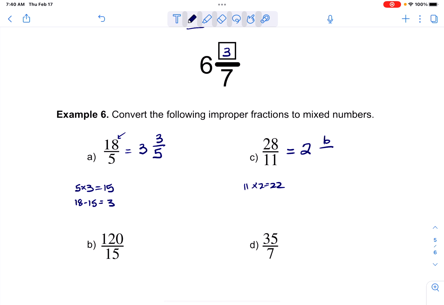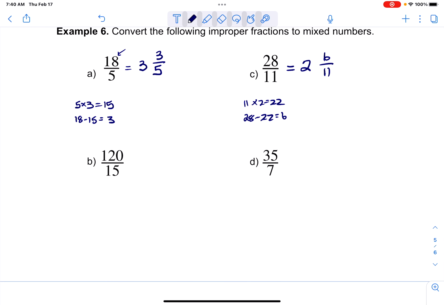So 6/11. And you could write that down. You can do the 28 minus 22 if you want. But I don't need to see all of this all the time. Sometimes it's possible to do stuff in your head, and I don't need to see all the work shown. Sometimes I might ask you for this work shown, though, so make sure that you understand it.